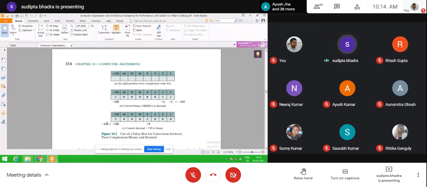In sign magnitude, for minus 120, the sign bit, the 7th bit, will be 1, and then the binary representation of 120 will fill the value boxes from the 0th bit to the 6th bit.